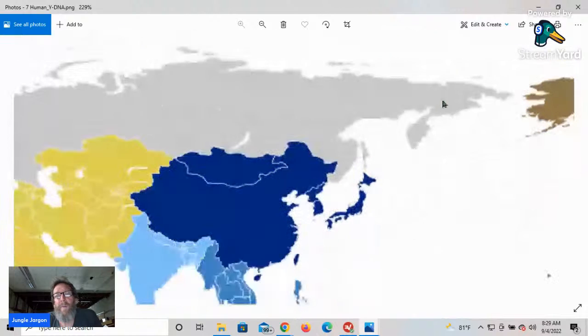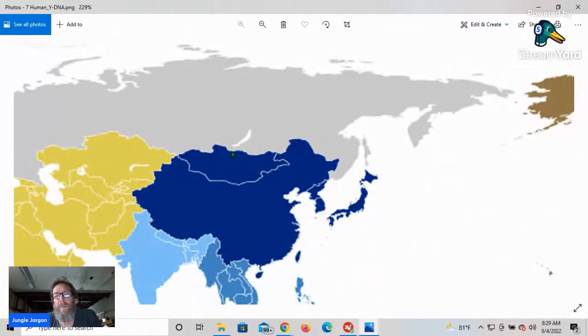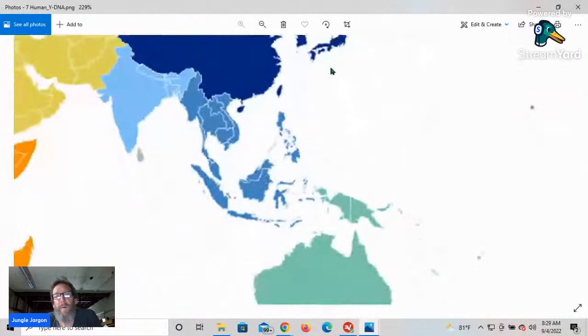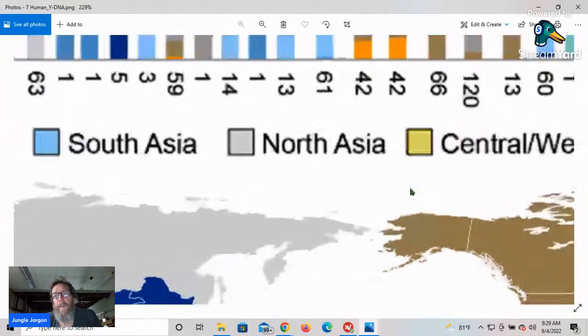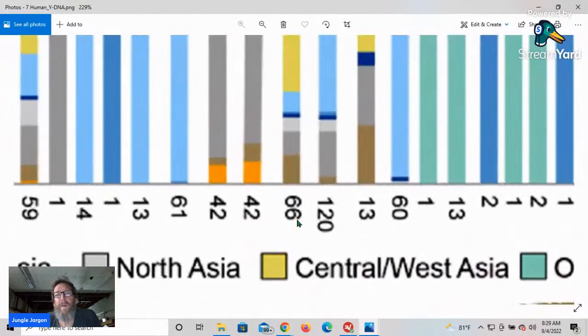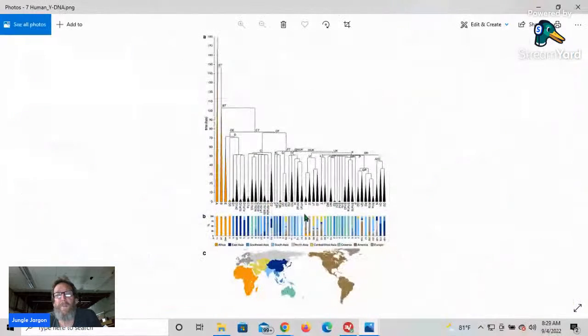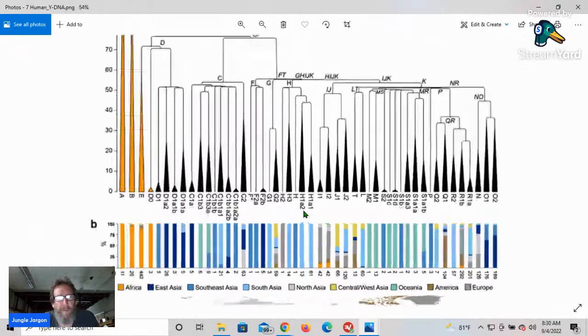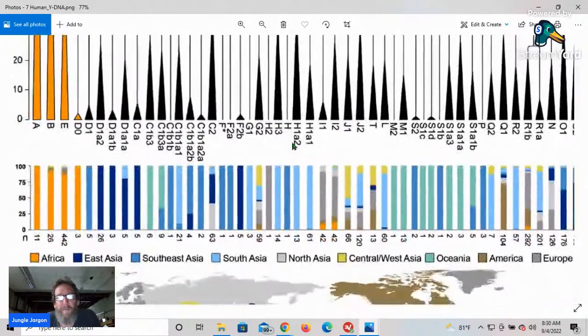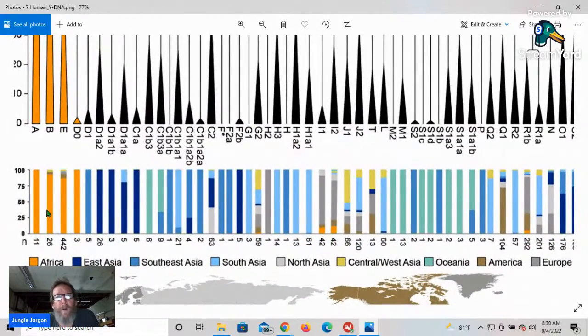But when I think of Asia, I'm thinking of South Asia or East Asia. But at any rate, you have these populations, or basically a certain percentage of the populations throughout the world and where they're located. Of course, A, B, and E is in Africa. D is in Asia.